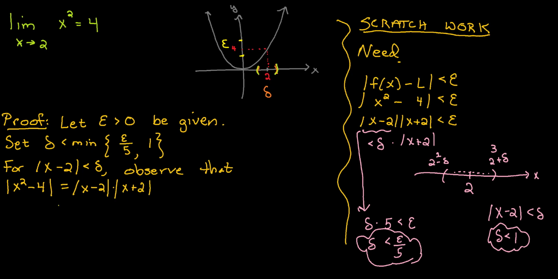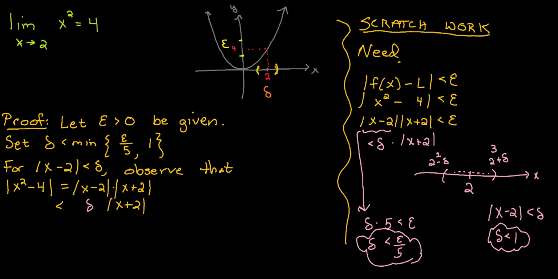Well, this first piece is less than delta, and it's less than delta because we stipulated that. So we have less than delta times the absolute value of x plus 2.